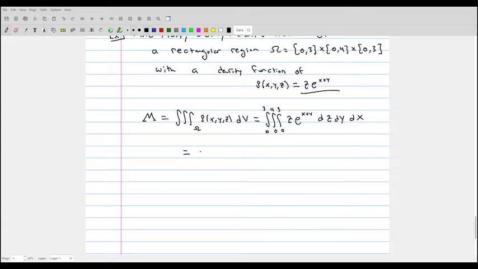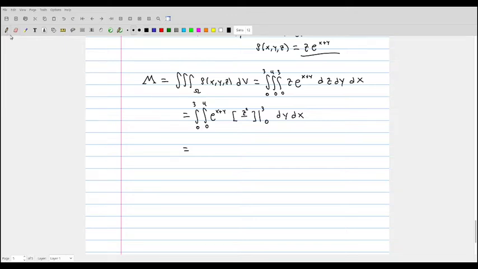E to the x plus y does not depend on z at all. So this is the integral from 0 to 3, from 0 to 4, of e to the x plus y times the integral of z with respect to z. The antiderivative of z is going to be z squared over 2. So when we plug in here, you'll get 3 squared, which is 9 over 2.